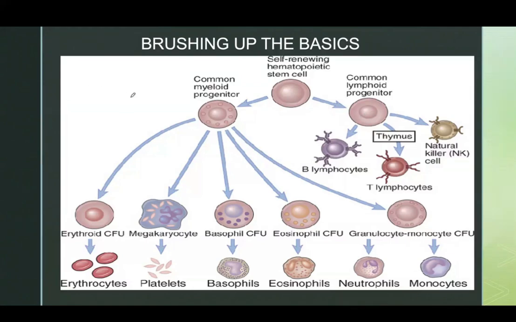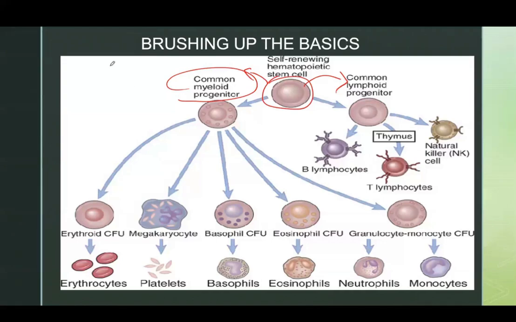First thing you need to know, this is something called common myeloid progenitor cell, all right? First there will be hematopoietic stem cells, which divide into common myeloid progenitor cell and common lymphoid progenitor cell, okay? This hematopoietic stem cell is typically produced in the bone marrow.